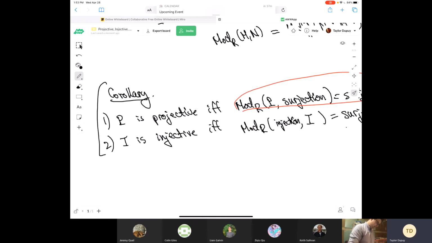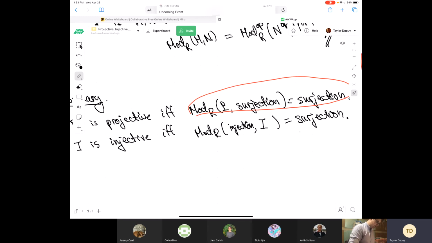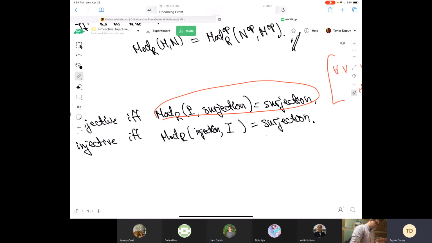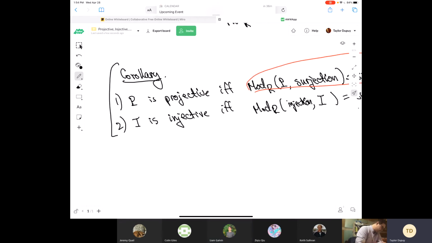So I is an injective module if it takes injections to surjections, and P is projective if it takes surjections to surjections. Does that make sense, Liam? Yes, thank you.